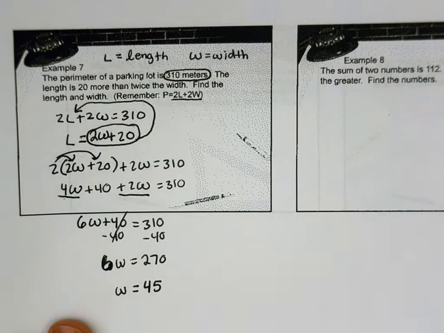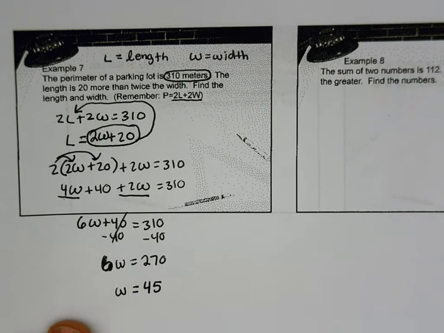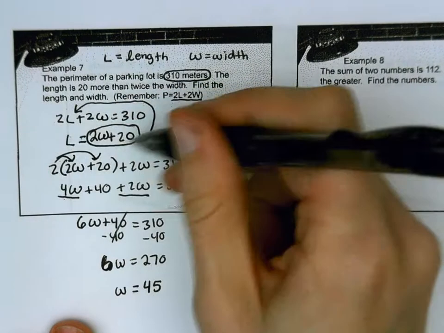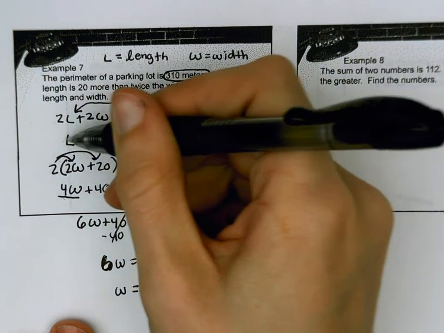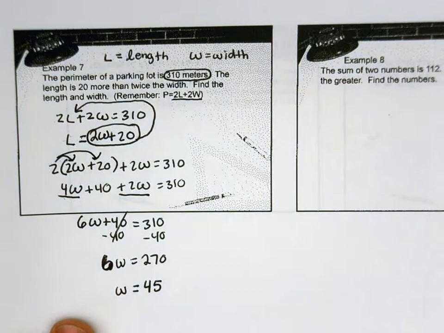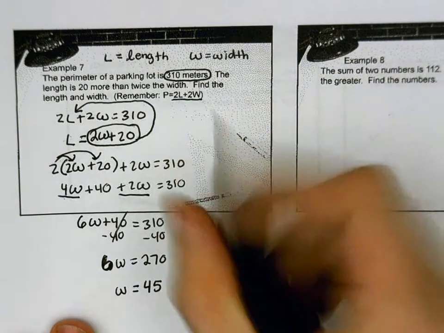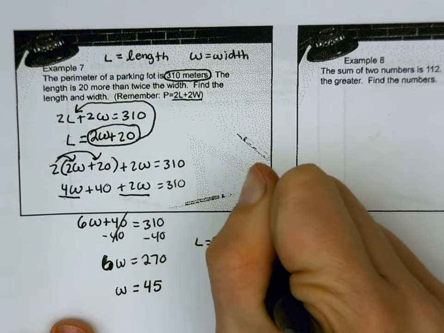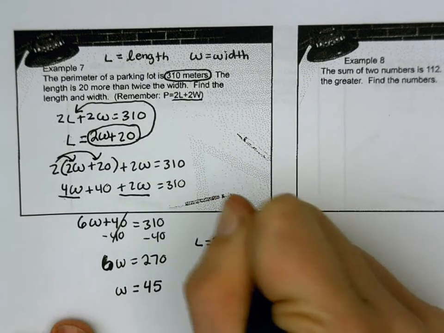And so then you're going to plug that 45 back into any of the equations. This equation here, the L equals, is going to be a prime equation to plug into though, because it's already in the form L equals, and so we can literally just plug the 45 in. We have L equals 2 times my 45 plus 20. 2 times 45 is 90.